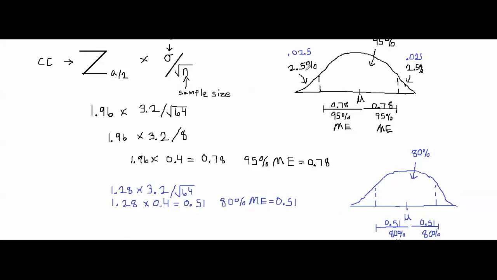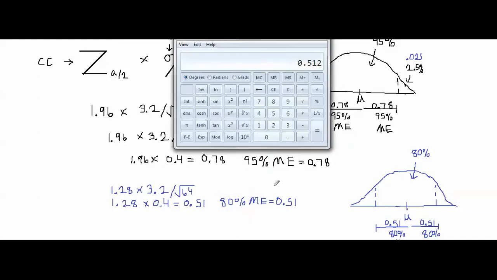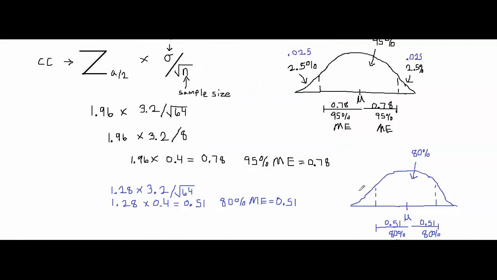Just like how we divided 5 by 2 up here and got 2.5, here we're going to divide 20 by 2 to get these two tails. So 20 divided by 2 is 10. So 10% of the possible samples are in this area, and 10% of the possible samples are in this area.